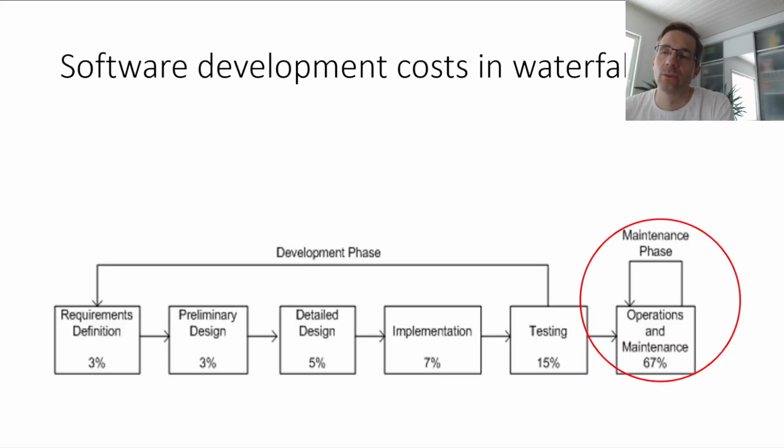Studies done on the waterfall model have already shown that software maintenance and software operations is actually the phase that consumes the most resources during the software lifecycle. A number as high as 67% has been shown to come in the operations and maintenance phase, while only the remaining 33% are left in the greenfield software development.